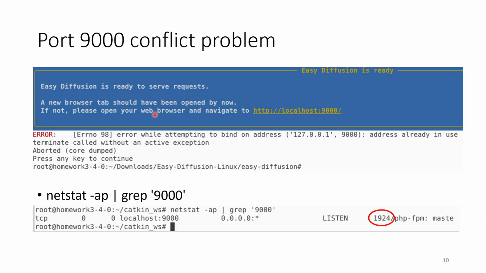One, you can kill the existing process using port 9000. It is a PHP-FPM program, something related to the PHP server, but I do not fully understand the process. I tried to kill it, and nothing went wrong. I can still do almost everything, at least for my homework 4.